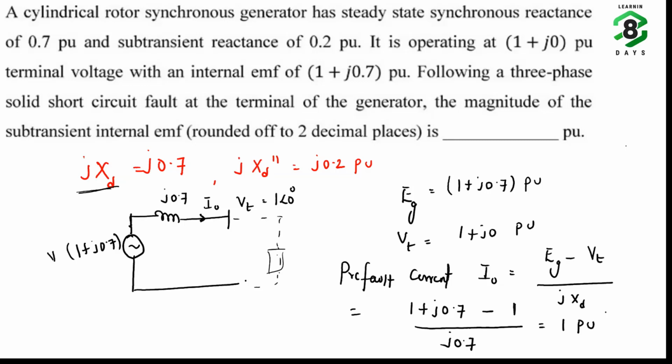Now what he is asking you is the subtransient induced EMF. If you go through the lectures, the subtransient induced EMF is Eg double dash. Eg double dash is given by terminal voltage plus jXd double dash into the pre-fault current.